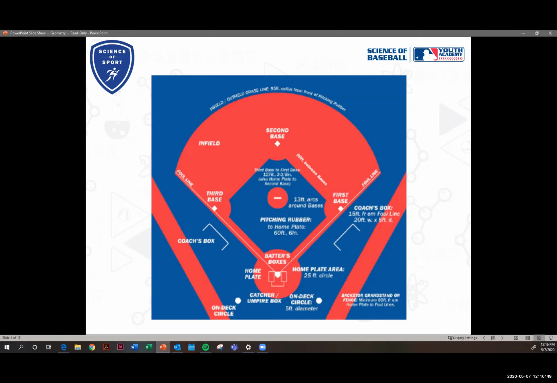That's an important dimension to know because that's the distance that batters or runners have to run to move from home to first to second, and so on. We're going to go through a couple of questions and activities together based on just the dimensions of the infield. Okay, let's go to the next slide.